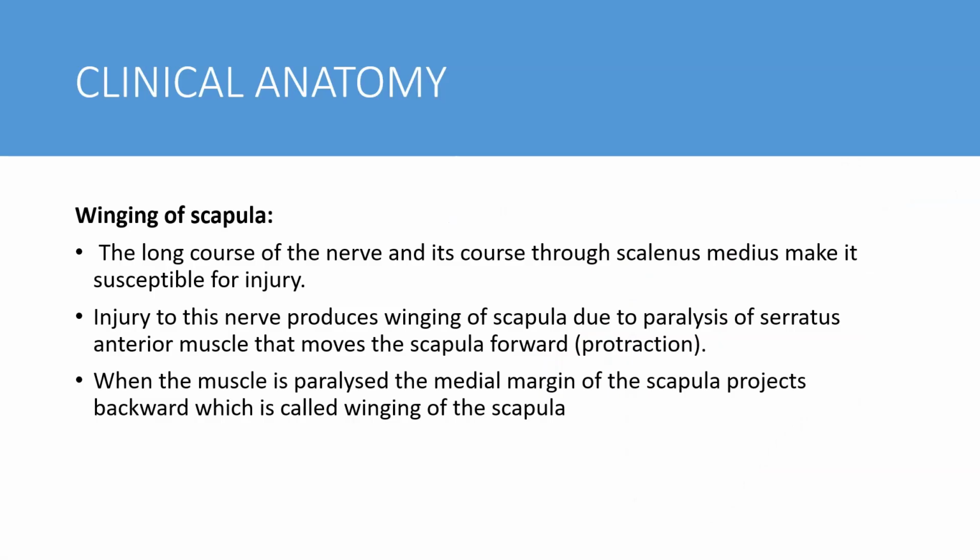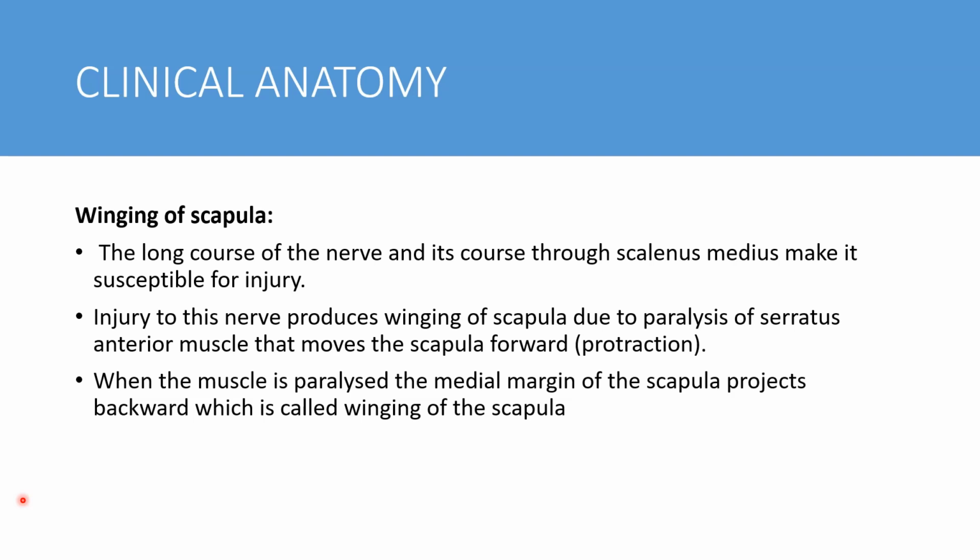Now coming to the clinical anatomy or the applied importance of the long thoracic nerve. There is what is known as winging of scapula. Let us recollect the case scenario which I presented at the beginning of this lecture about a laborer.